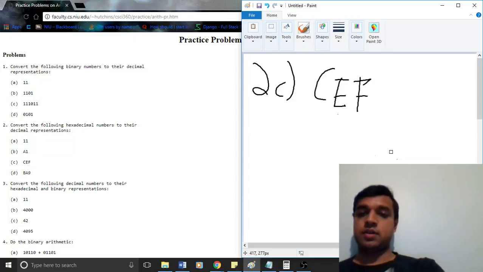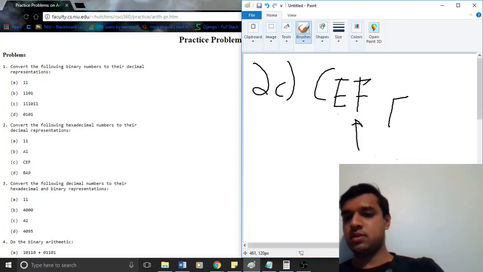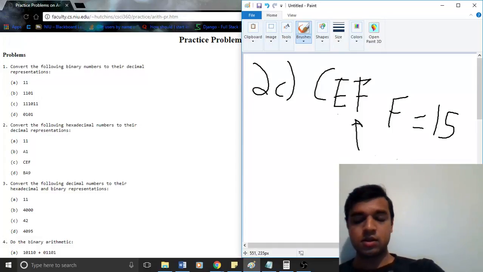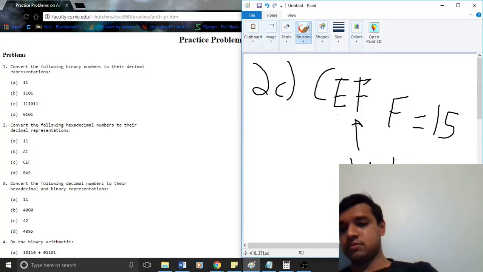Well, first off, just by looking at F, if you would convert F into a decimal representation, that will equal 15. So that is the one thing that you have to remember. So put 15 down. And then since this is off of base 16, you will put 16 down. And then you put a 0.